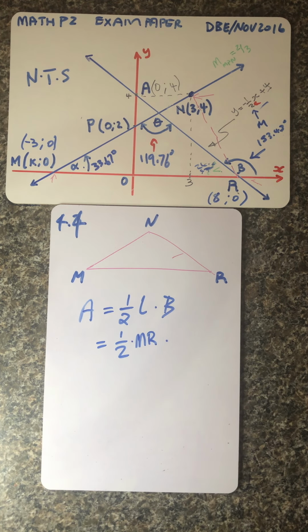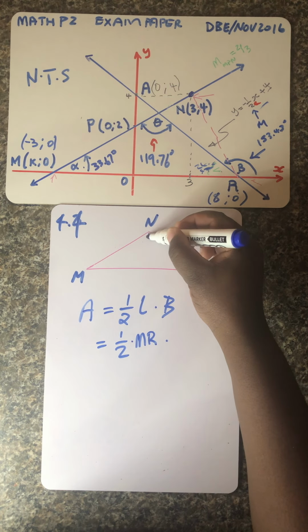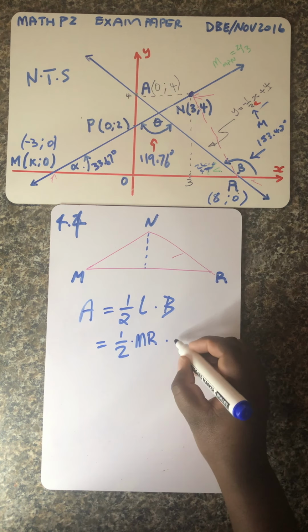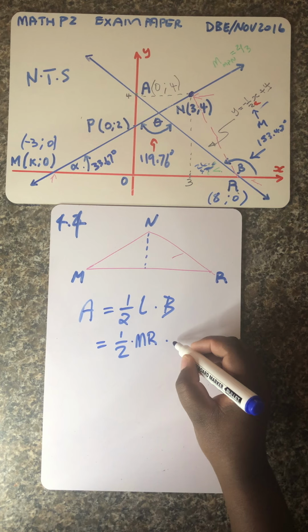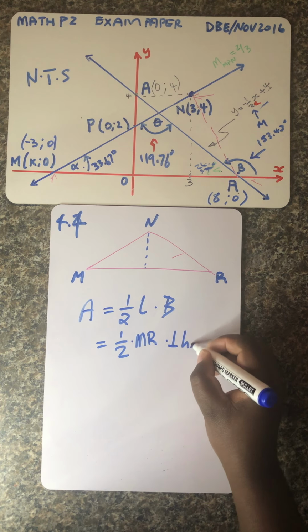And obviously, guys, when it comes to the breadth, you just need to be careful. This is where we talk of that point, so let me refer to that as a perpendicular height.